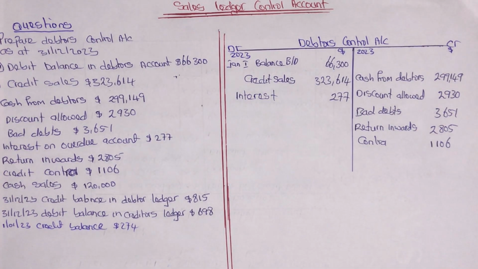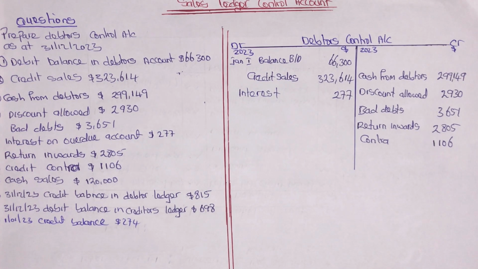Then we have cash sales. Remember, we earlier said cash sales, we don't include them in the sales ledger control account because they are already recorded in the cash book. So you are not supposed to include them in the sales ledger control account.